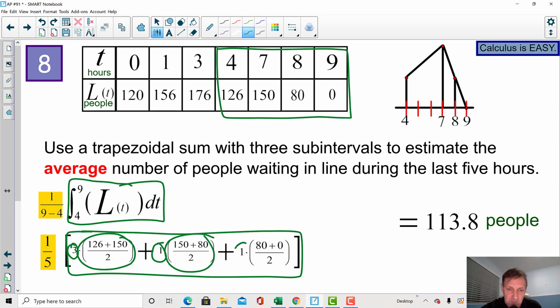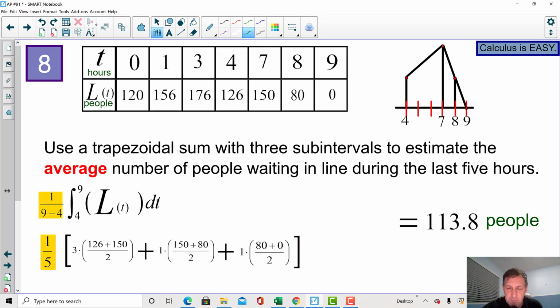And the width of the last trapezoid is 1, and here's the average height. The b minus a gives you a 5 on the bottom over there. And after reducing everything, you do get 113.8 people. Of course, you can't have 0.8 people, so usually they tell you to round to the nearest person. So you probably would have 114 people as your final answer.